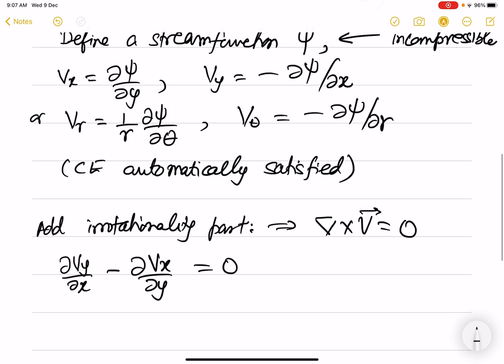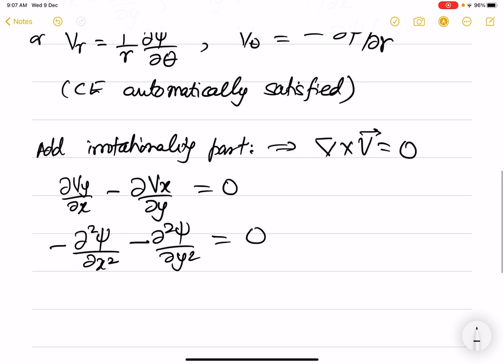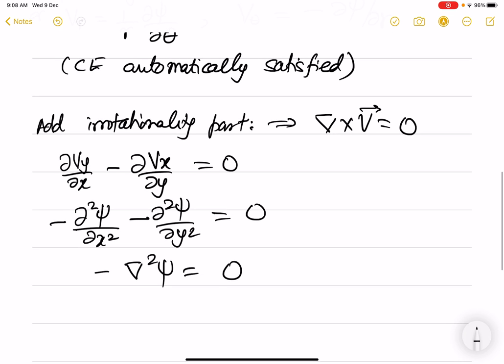So when I do this, partial Vy by partial x gives me minus del square psi by partial x square minus del square psi by partial y square is equal to 0. So what we have is, for this class of flows, we also get del square psi is equal to 0, where psi is the stream function.